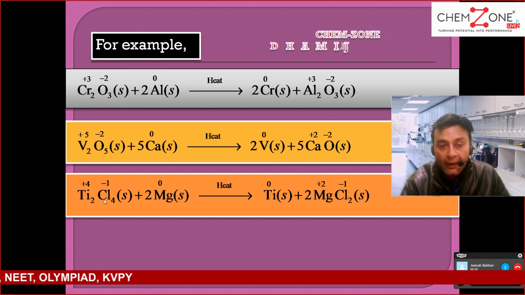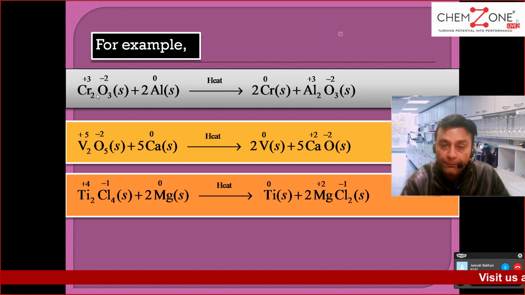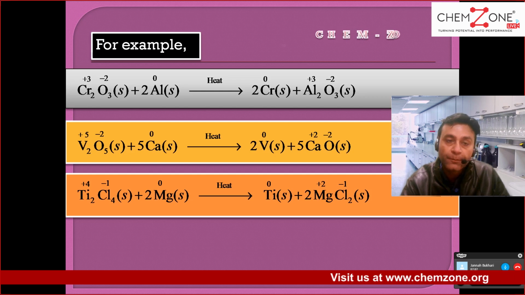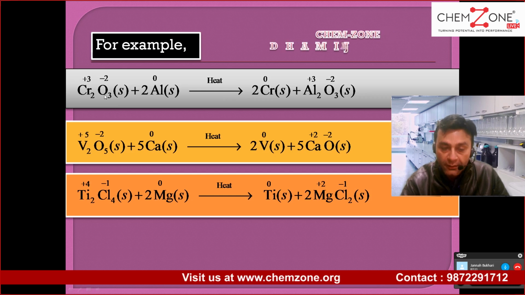In the first two cases, where you can see oxide is converting into the metal, from the chromium oxide the oxygen is being removed. What is loss of oxygen called? Reduction.